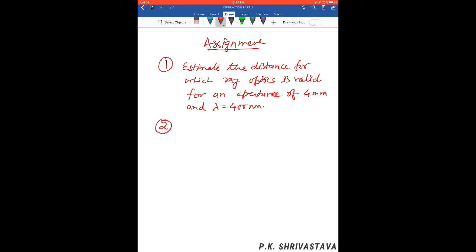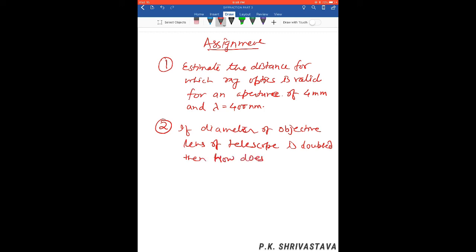You can try yourself. The second question is, if diameter of objective lens of telescope is doubled, then how does its resolving power change?